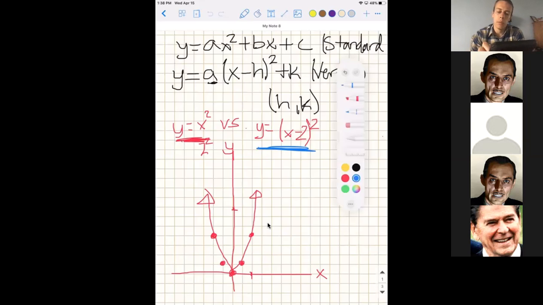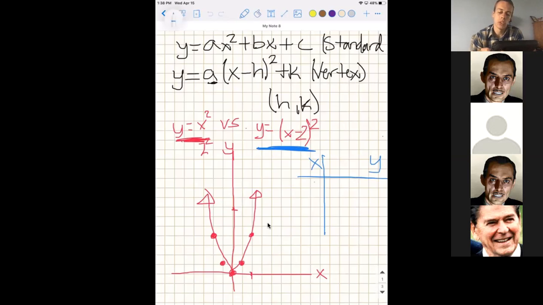Now let's look at our xy table for (x minus 2) squared, our blue equation. Let's just start with 0, 1, 2, 3, and 4 and see what we get. What happens if we plug 0 in?